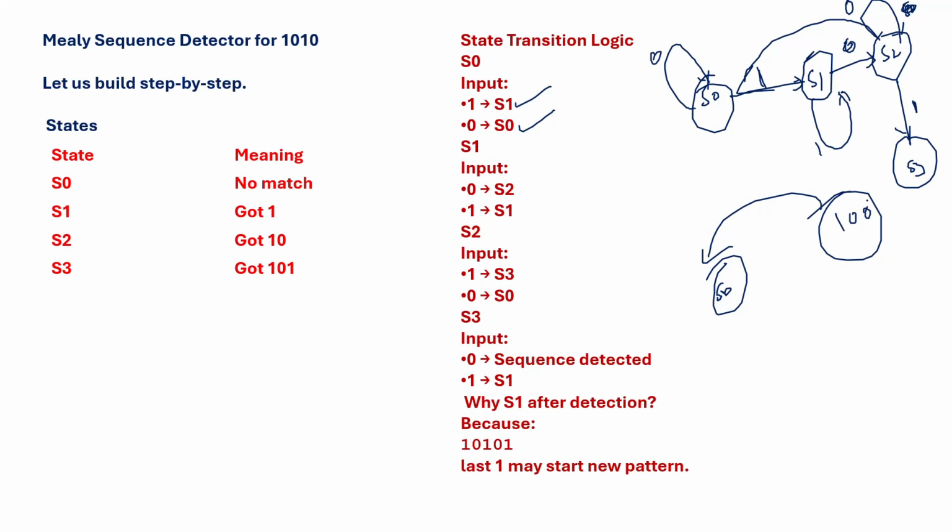If I get 1, I go to S3. In S3, if 0 is given, the pattern is detected and you get the output. If 1 is given, it goes to S1, because 1 0 1 again means the same pattern start. If you get 0, the pattern is detected; if you get 1, it goes to S1 again; and from S2, giving 0 goes to S0. That is the reason.